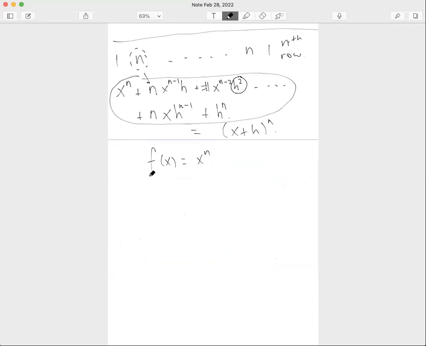Okay, so let's figure out the derivative of x to any number. So h goes to 0, x plus h to the n minus x to the n, over h.